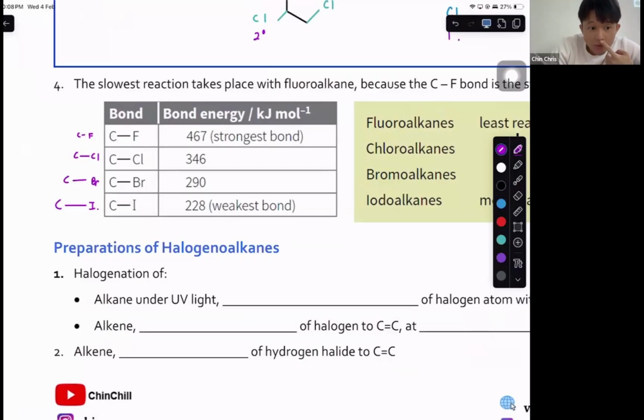So always remember, iodine has the largest atomic radius, which means you have the lowest bond energy and the most reactive here. Clear.